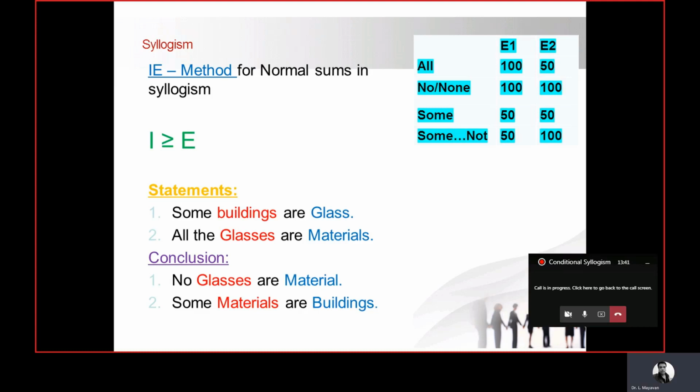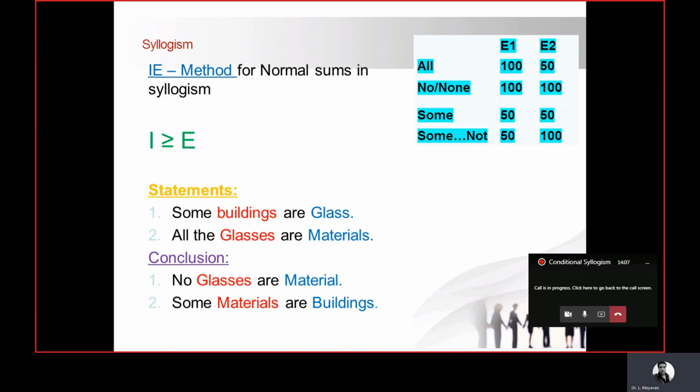These are the statements. Look at the words highlighted with the different colors. There are 2 elements given in each of the sentences. Element 1, building. Element 2, glass. Element 1 is highlighted in red, and element 2 is highlighted in blue.